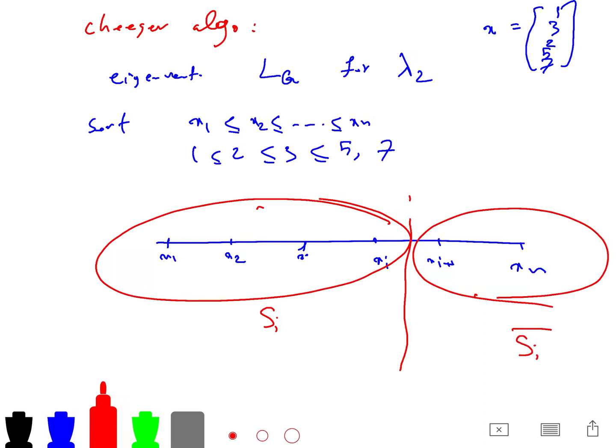And you consider subsets S_i, and finally you take your S to be the arg min of phi of S_i. And so this is a Cheeger algorithm that you know from spectral clustering.